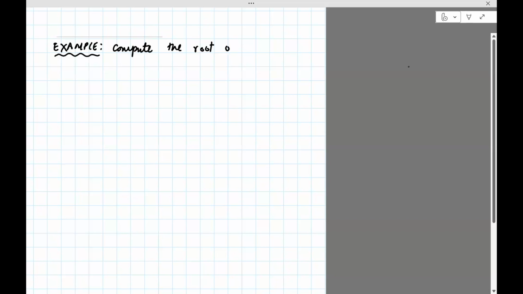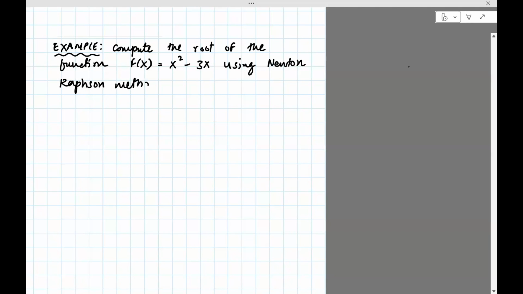Compute the root of the function f of x equals x squared minus 3x using the Newton-Raphson method. Use an initial guess of 4.